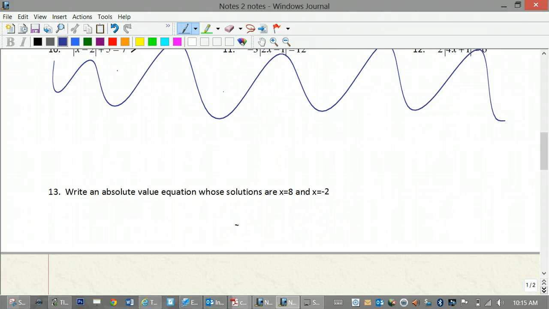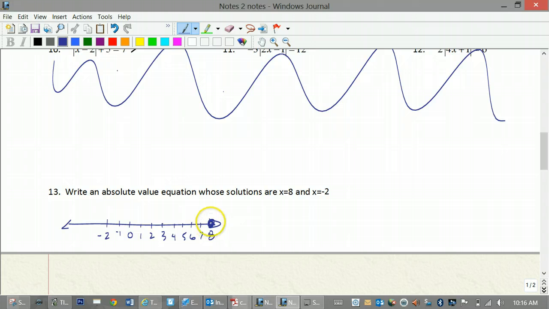So we have this. Negative 2 and 8 are the two solutions. Let's write an equation. Let's plot. A picture usually helps. So negative 2, negative 1, 0, 1, 2, 3, 4, 5, 6, 7, 8.